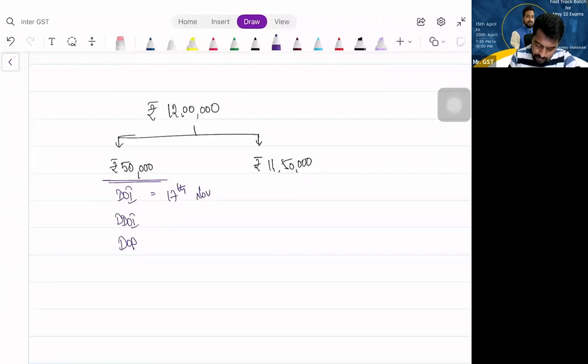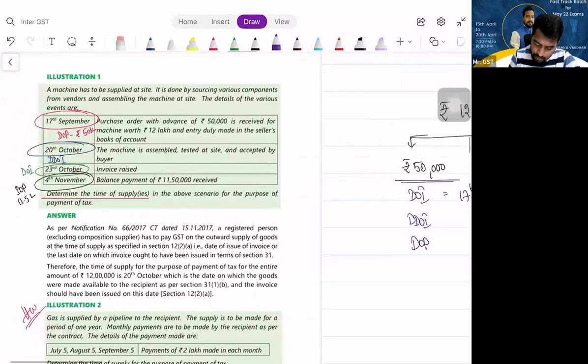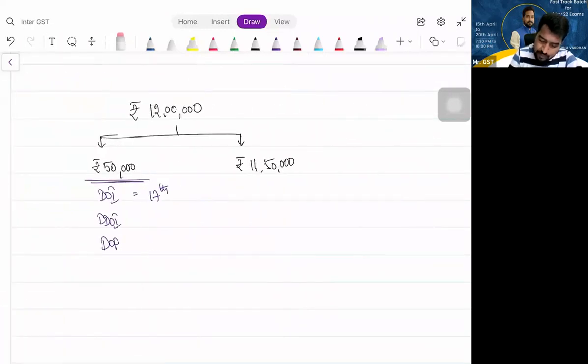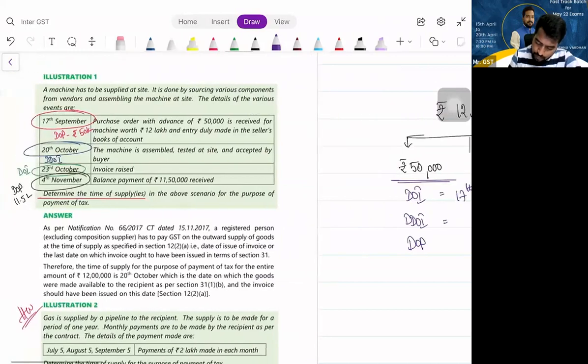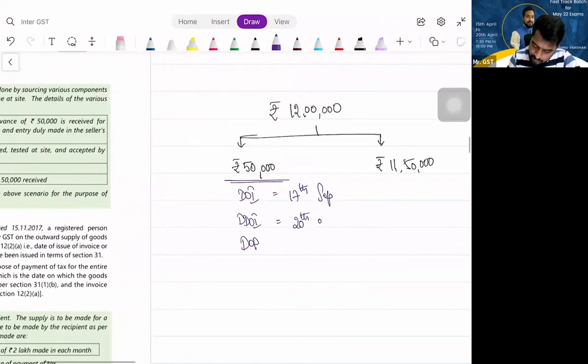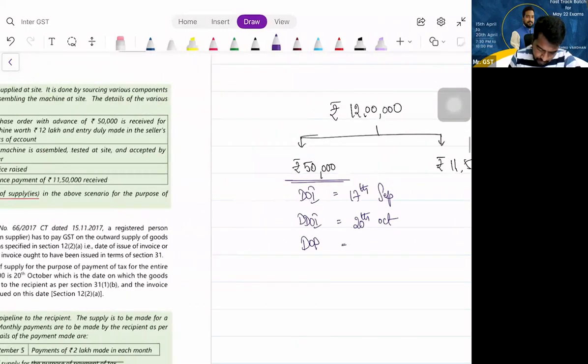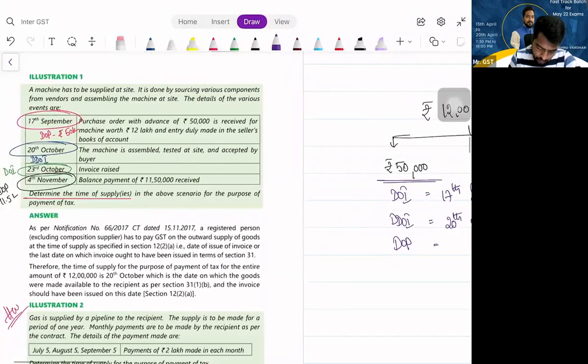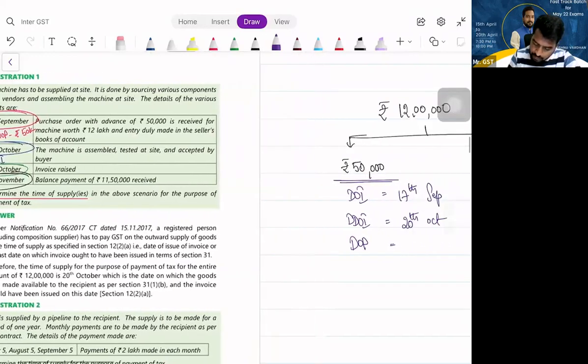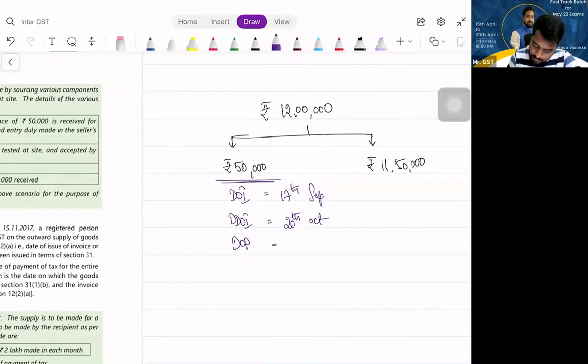17th September, sorry. Due date of invoice, 20th October. Date of payment is 17th September.